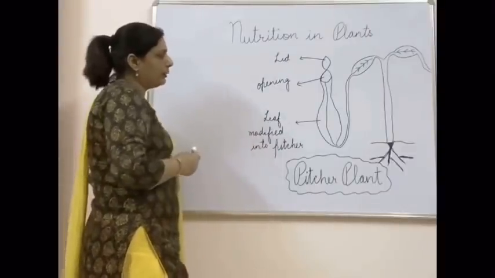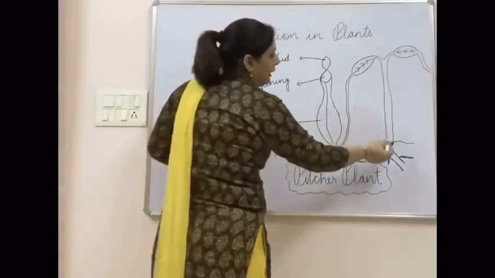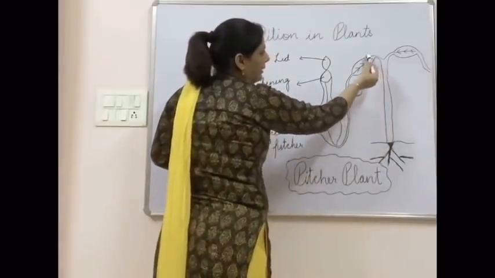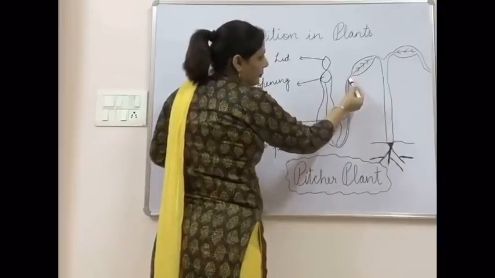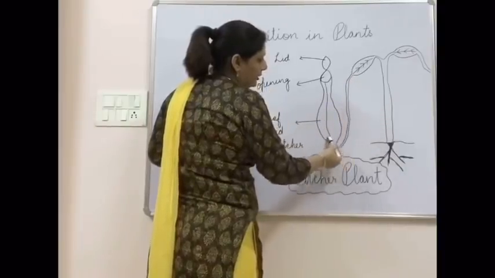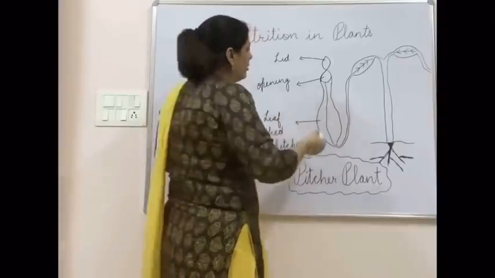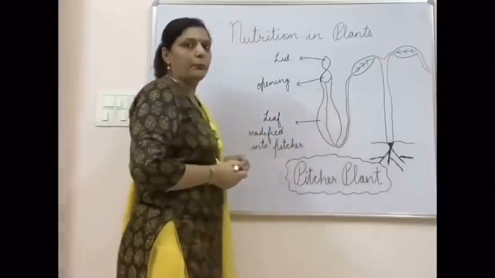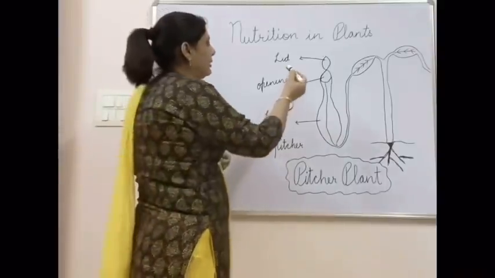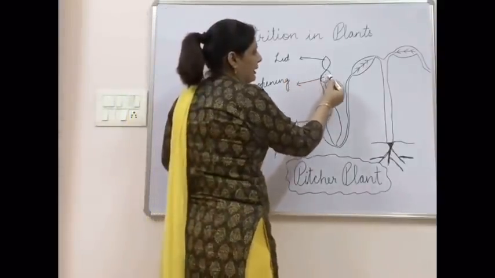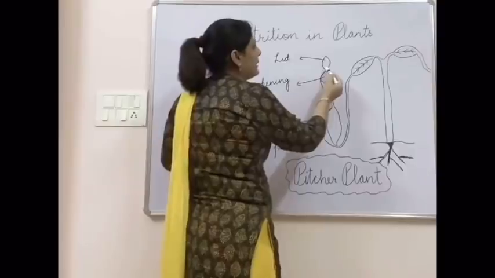In this figure, you will notice that this is the stem of the plant and there is a leaf, and at the apex there is a part which has turned into a pitcher. This pitcher is basically formed by the leaf which has modified, and at the tip of this leaf, that is the apex, there is a lid.